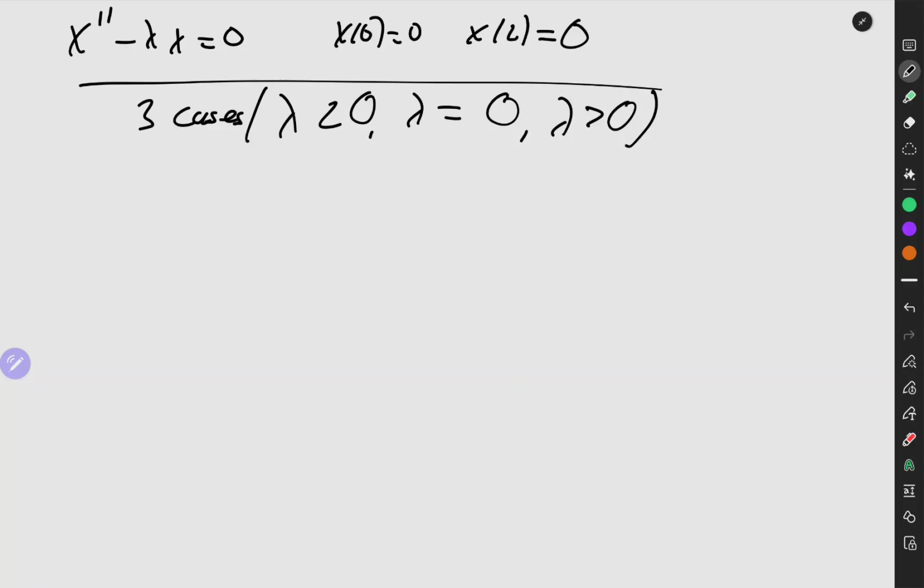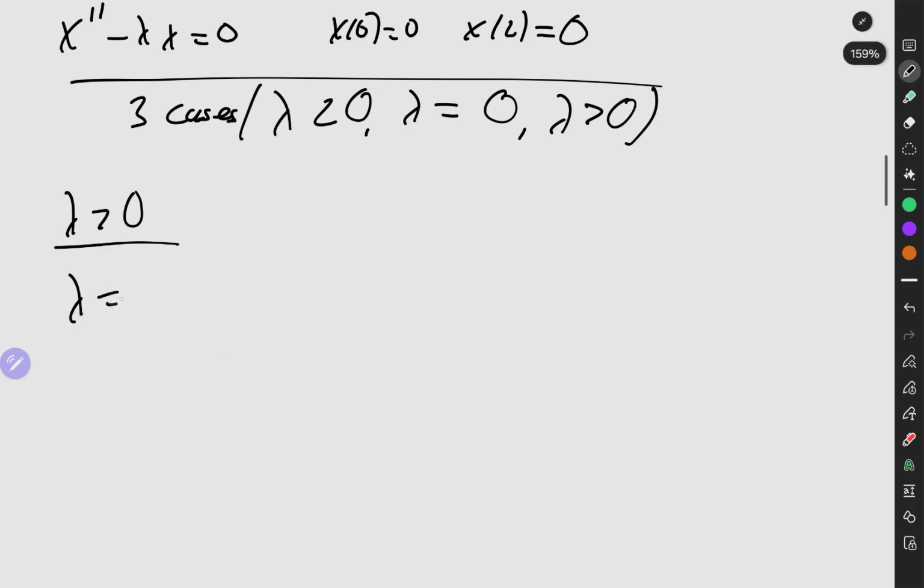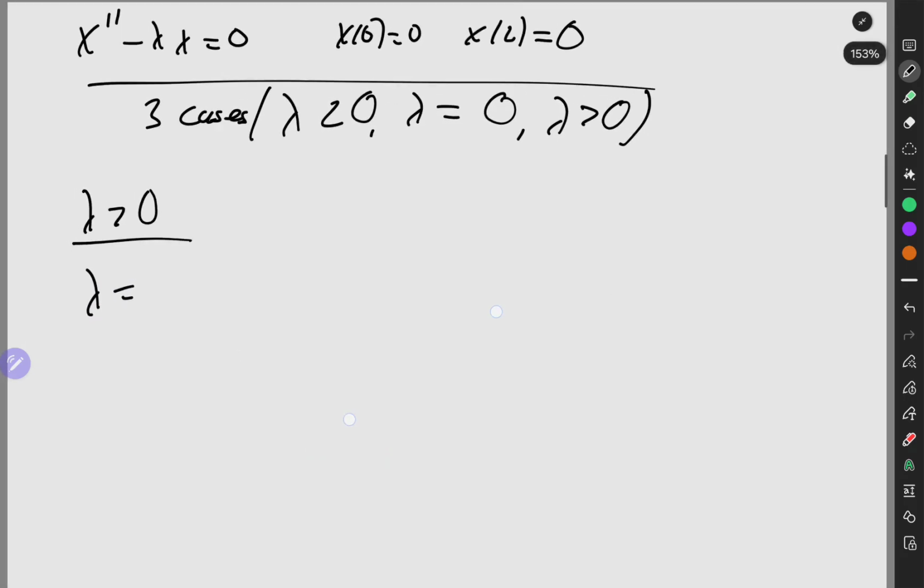So let's look at the first case. So we have, let's start at positive lambda. In order for lambda to be positive, what would make it positive? Think about it for a second. Any squared value would be positive, right?